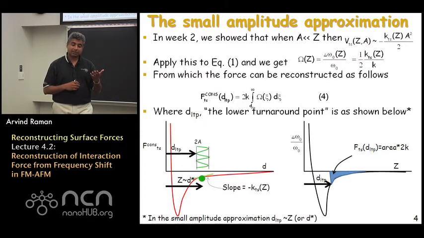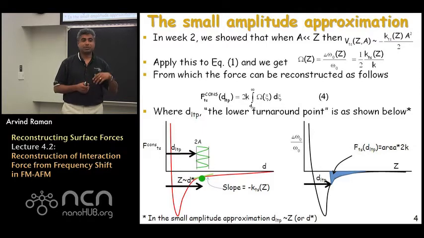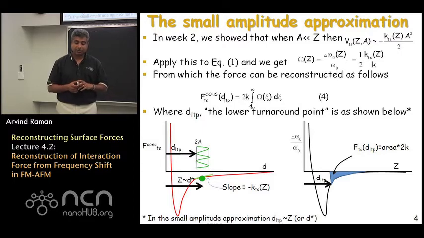Now we just take this expression for the virial and substitute it in equation 1, and we find that in the case of very small oscillation amplitudes, omega, which is the non-dimensional or relative frequency shift, is simply given by 1/2 k_ts divided by k. k_ts is simply the negative of the gradient of the interaction force.